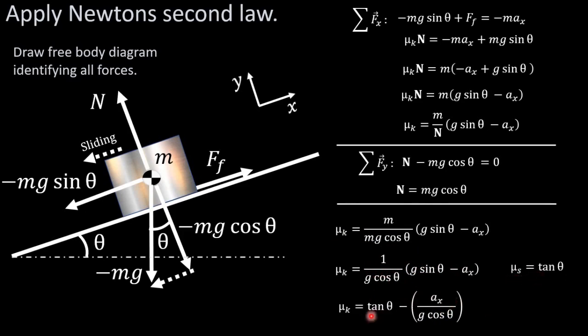So we can see that the coefficient of kinetic friction is going to be less than the coefficient of static friction, like we said earlier on, and that is how much less it is. For this condition to apply, theta has to be greater than inverse tan of the coefficient of static friction. So this condition must exist for this to apply.